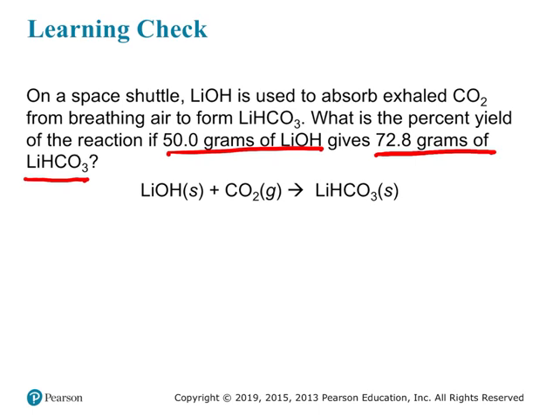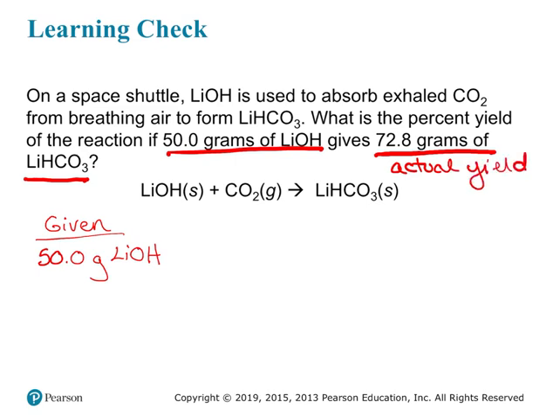Okay, so what we're given in this problem is a starting amount of lithium hydroxide. And then we're told that that actually produces 72.8 grams of the product. So this is our actual yield. Let's write that down here.